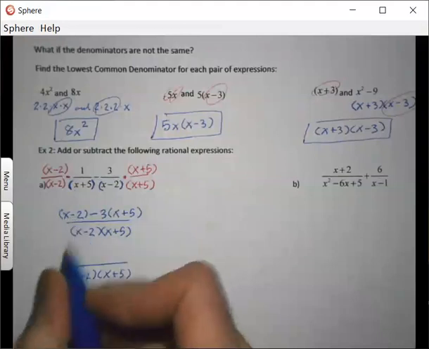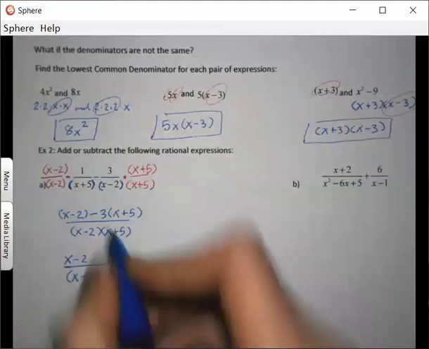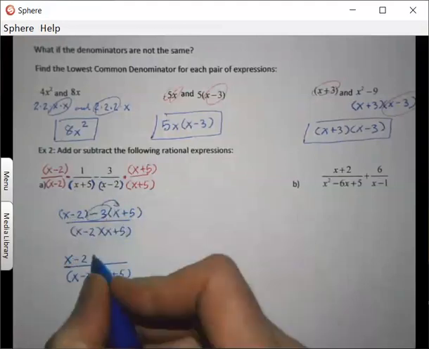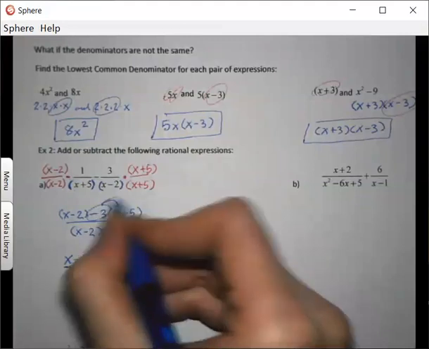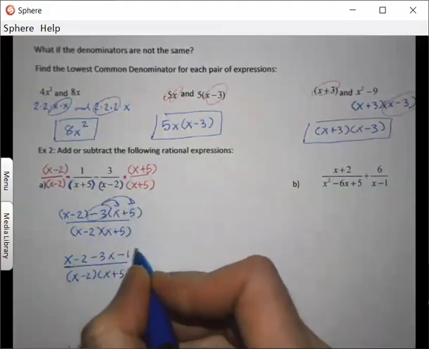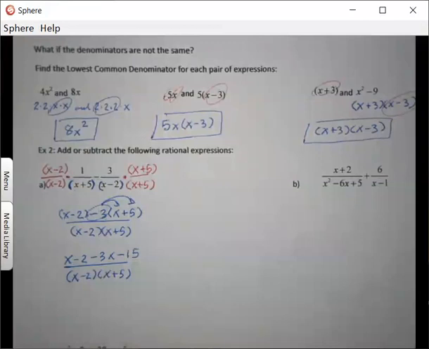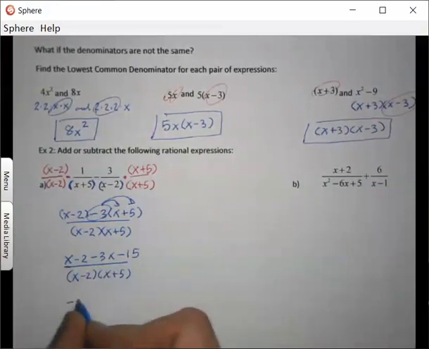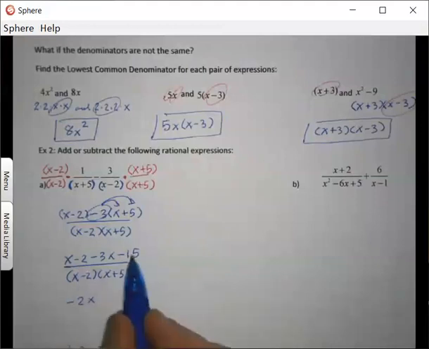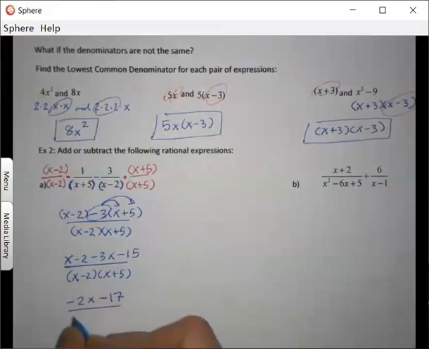That's going to be x minus 2, then distribute, minus 3x, minus 15, combine like terms. Minus 2x minus 17 over x minus 2, x plus 5.